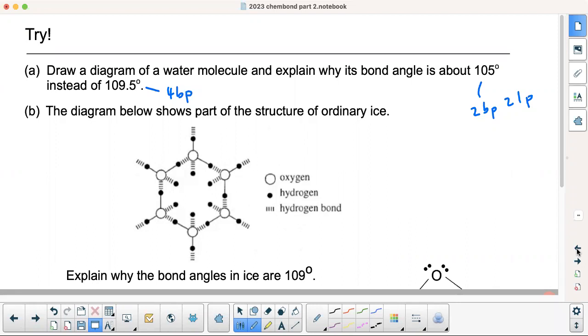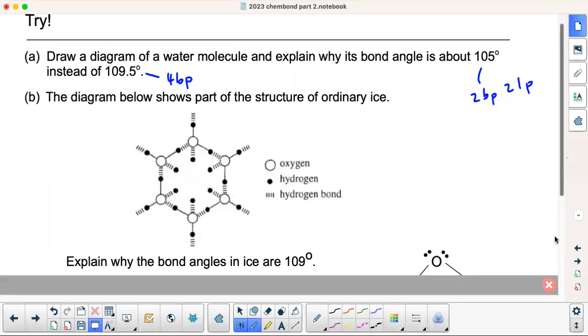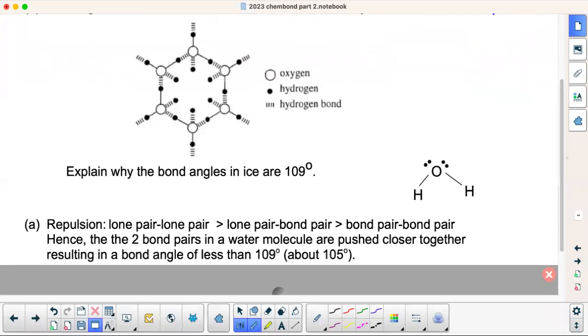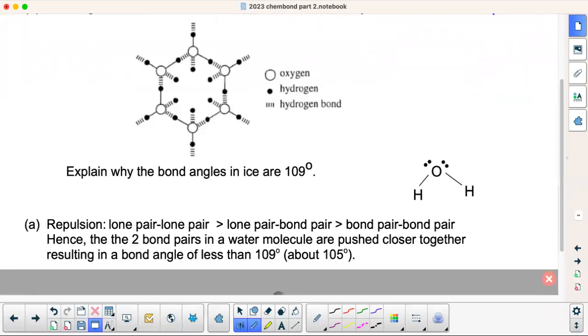Let's see how we answer a question like this. There's a key point you have to talk about, right? Why is it 105 and why is it not 109.5? So you apply your VSEPR theory that lone pairs repel more than bond pairs. So let's see how you write it. Lone pair-lone pair repulsion is greater than lone pair-bond pair.